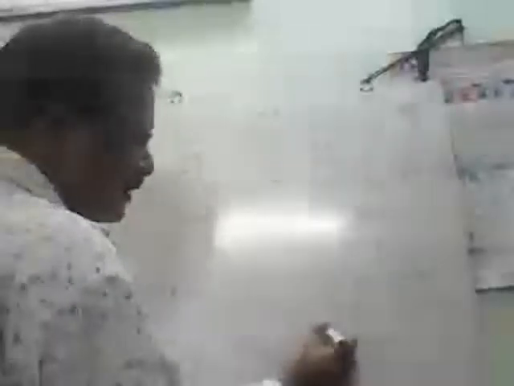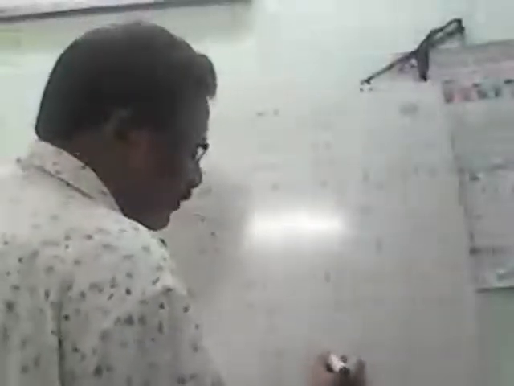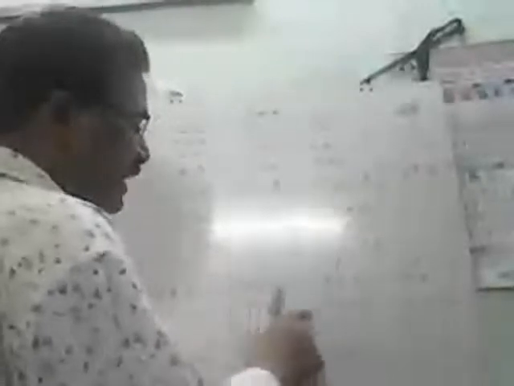Subtract the corresponding elements and write here. 1 minus 1 is 0. x plus 4 minus 2x is 4 minus x. Then 2x minus 2x cancels, it is 0 now.